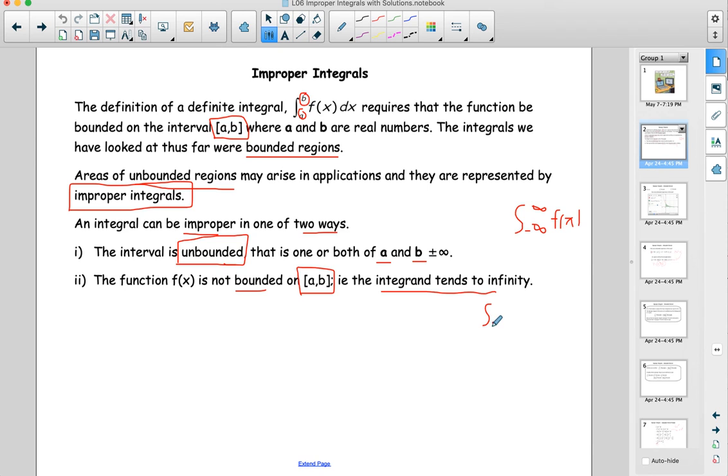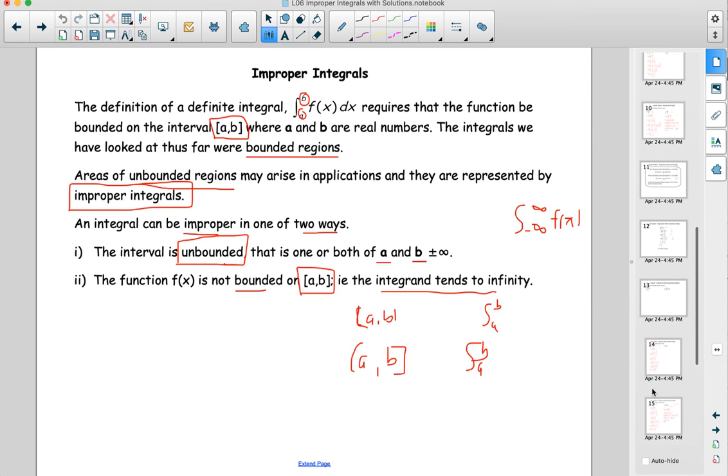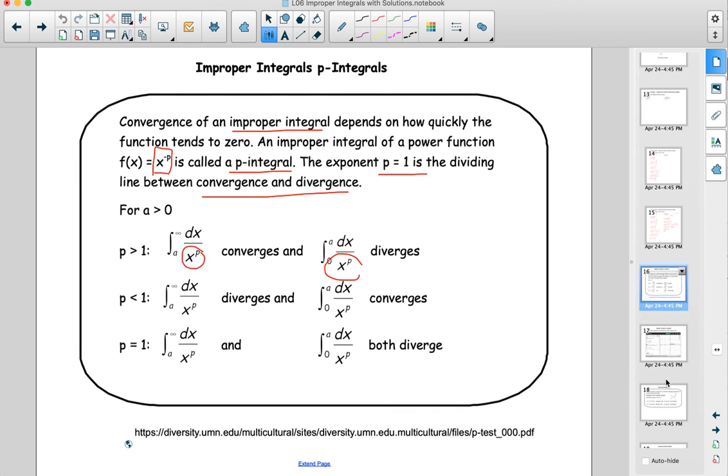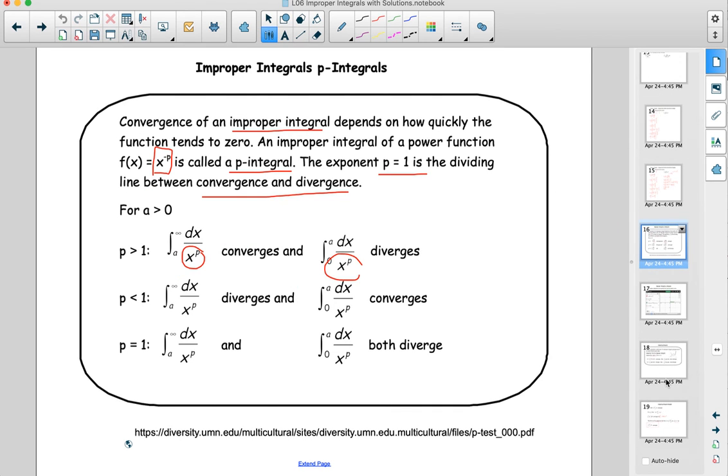Or if we have the integral from a to b, but we had a vertical asymptote at b, round bracket there, square bracket here. Or we're looking at the integral from a to b where we have the round bracket at a and the square bracket at b, because you can rewrite that as a limit. And then the only other thing we added there was this notion of what's a p integral.